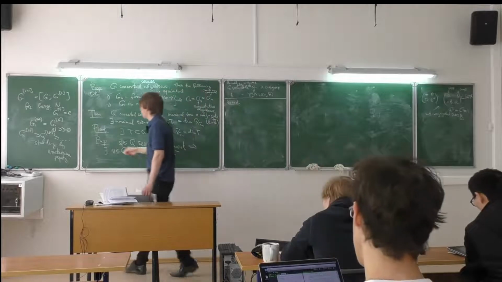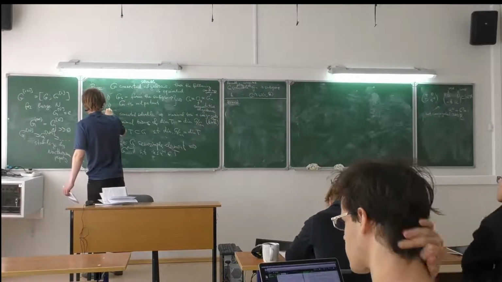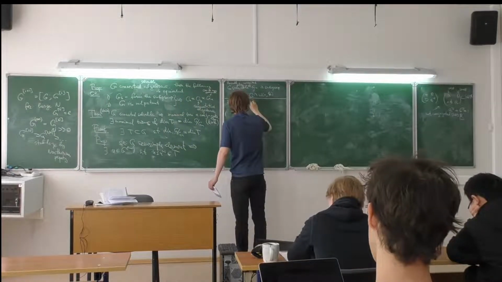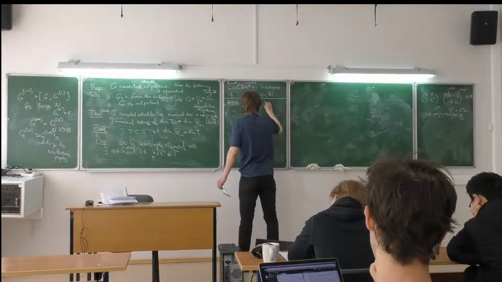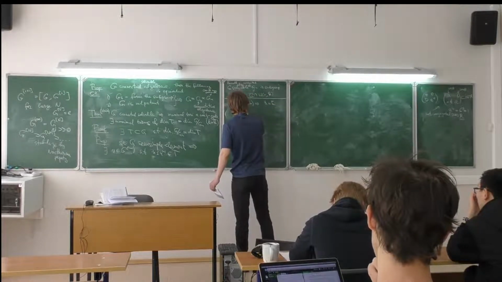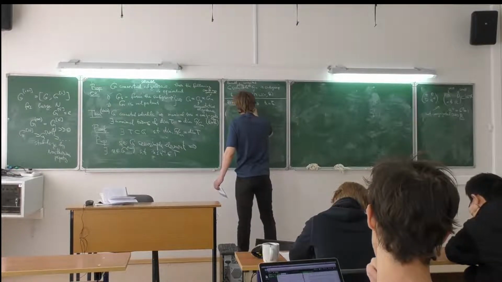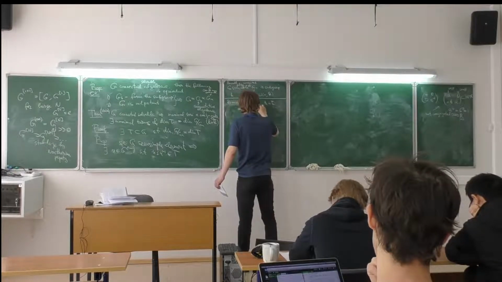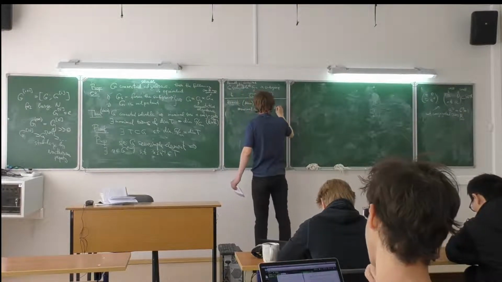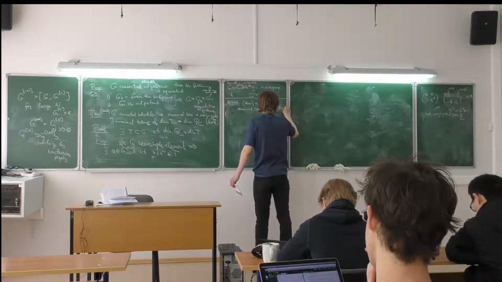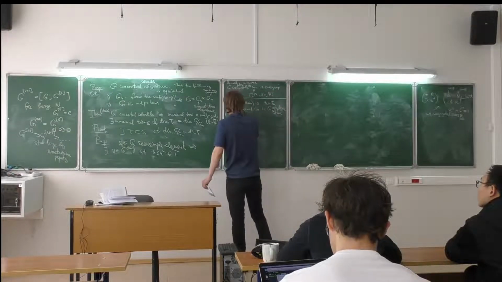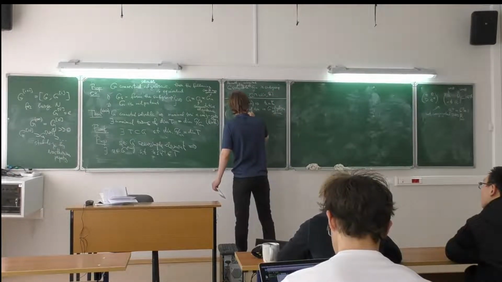So the main theorem for today implies that for K equal to K bar, maximal tori in any algebraic affine group G are conjugated.